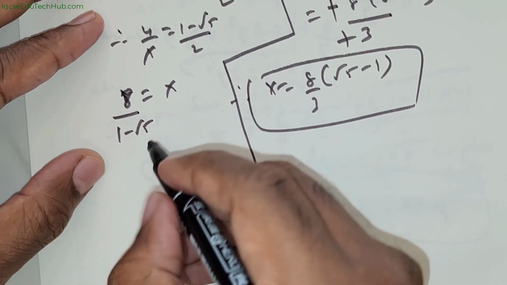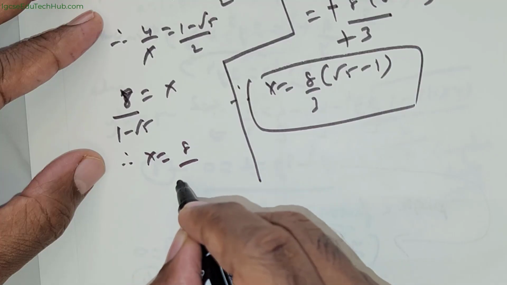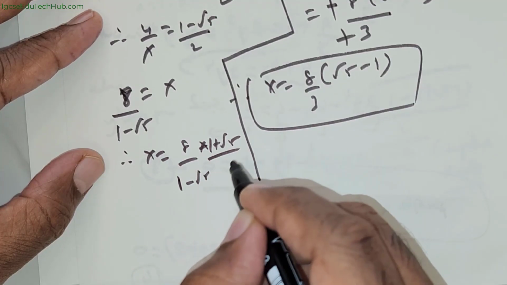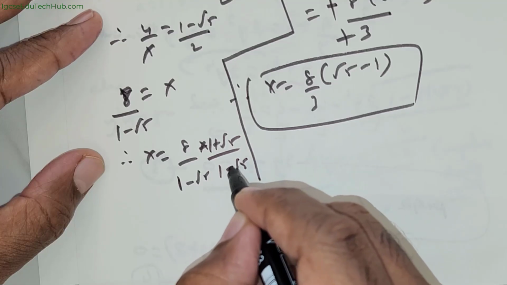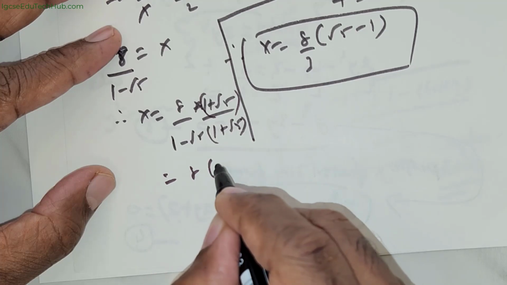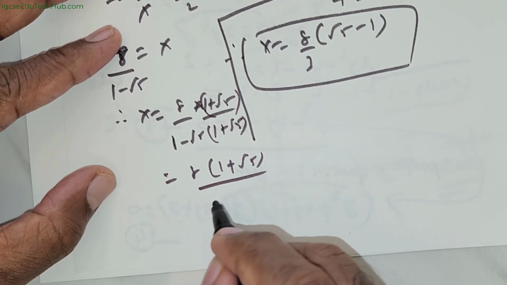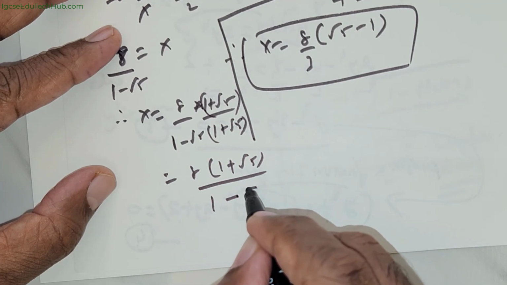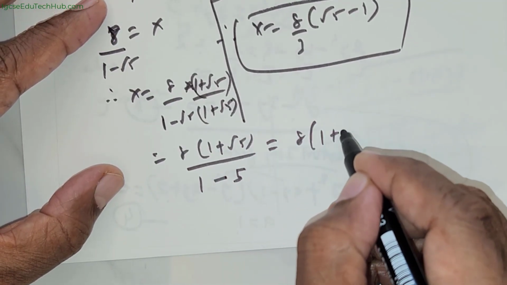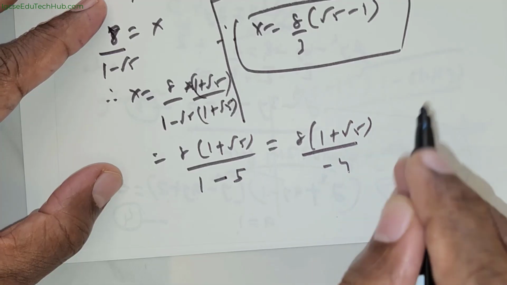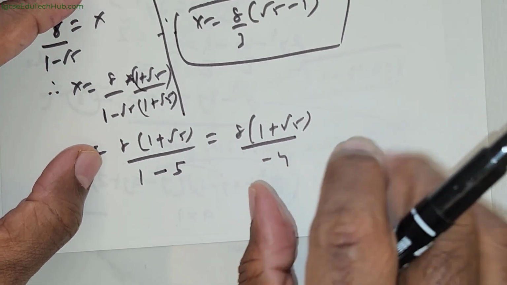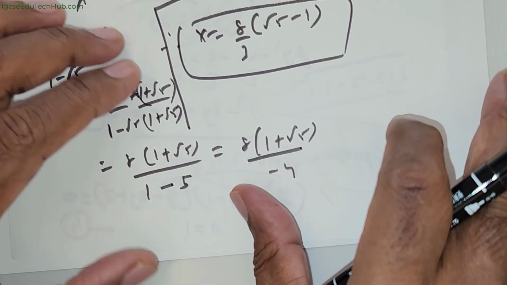So therefore x is equal to 8 over (1 − root 5) multiplied by (1 + root 5) over (1 + root 5). So it's 8 times (1 + root 5) divided by 1 − 5. So it's going to be 8 of (1 + root 5) divided by negative 4.